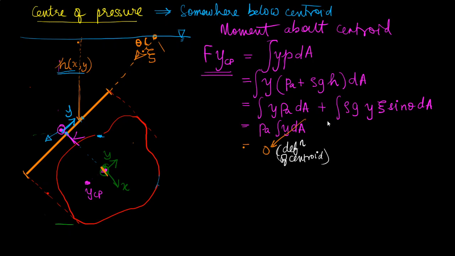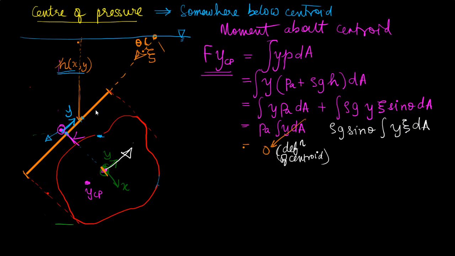Yes. So the second term is, so rho g comes out, sin theta comes out, we have integral y xi dA. Now what is the relationship between y coordinate and xi? What is the relationship between y and xi? In order to obtain that, we will write it in terms of the centroid in the xi coordinate system.